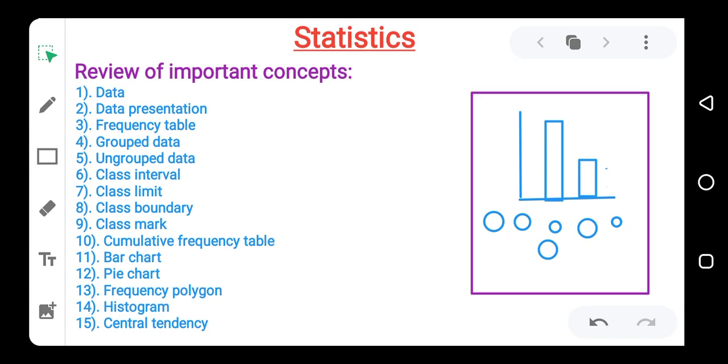And data presentation talks about the way we present or show the data we gather. When you were in primary school, you were taught how to represent data with pictograms, that is pictures.